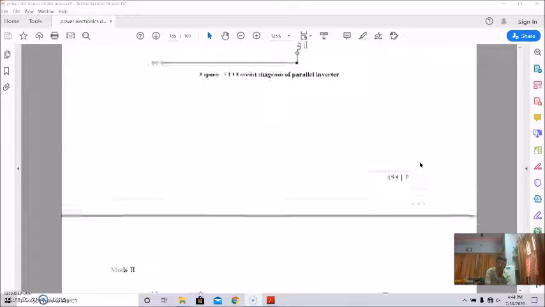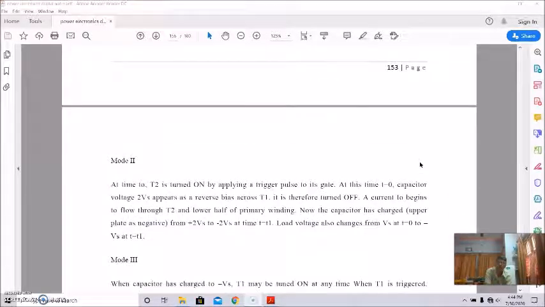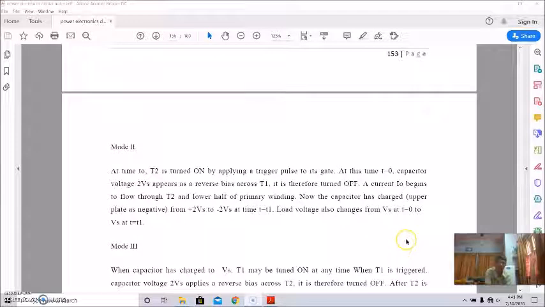In the second mode, at time t equal to 0, thyristor 2, that is T2, is turned on by applying a trigger pulse to its gate, and at this time t equal to 0, capacitor voltage 2 Vs appears as a reverse bias across T1, that is SCR1.